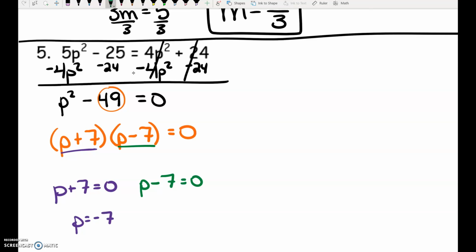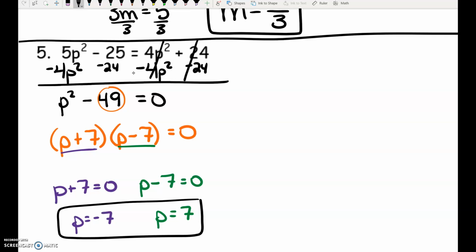What number minus 7 is 0? +7. Our 2 solutions are 7 and -7. If it's just p or x or whatever letter and then plus or minus a number, do you see how the solution is the opposite of what's in the parentheses? That's kind of a shortcut there.